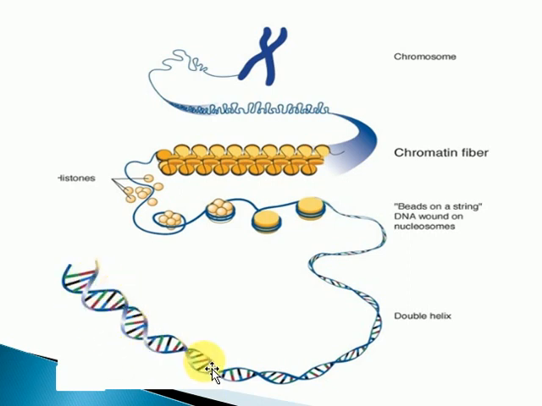The two strands of the DNA are coiled, and this double helix structure gets condensed because it wraps around certain proteins called histone proteins.